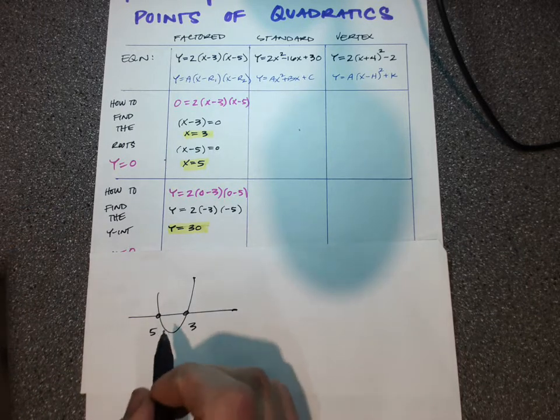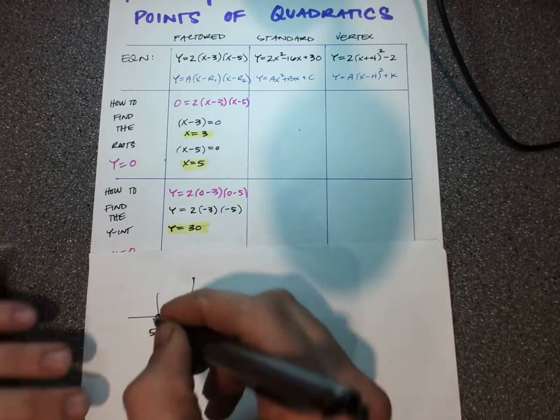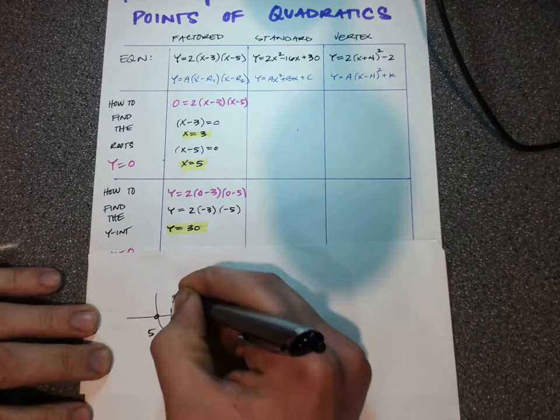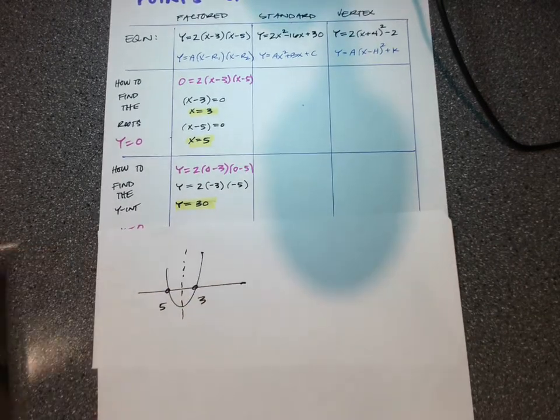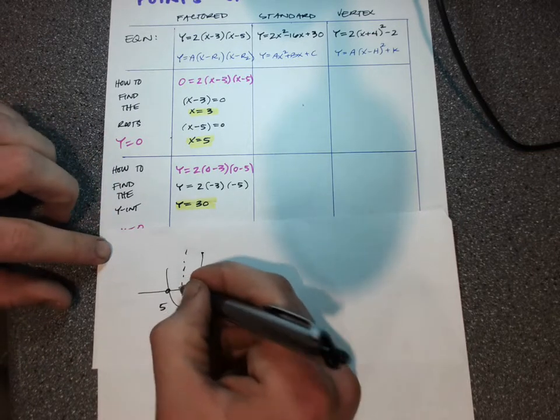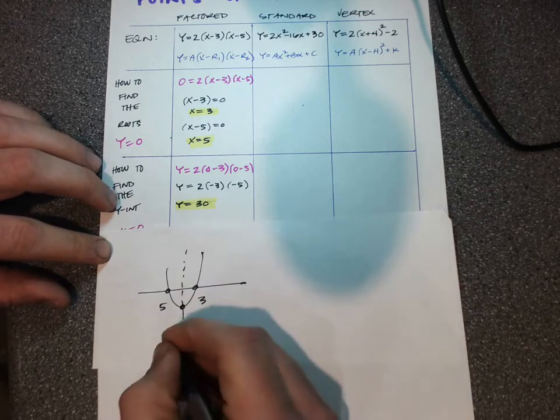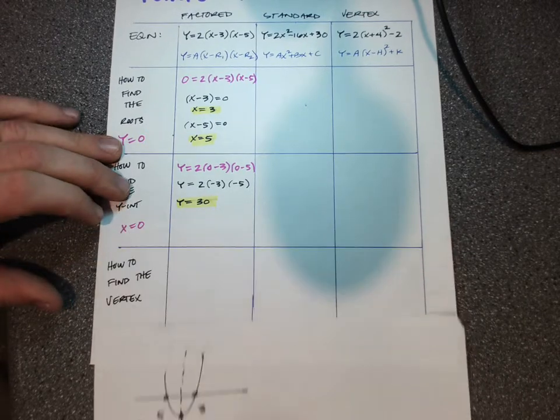The middle of this then, so the line of symmetry, is equal to 4. X is 4 here in the middle, and so the vertex here being in the very center occurs when x is 4.